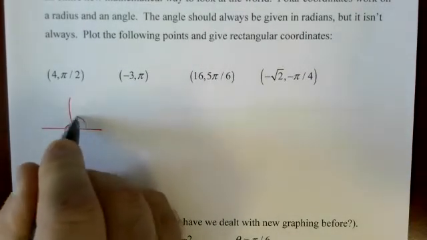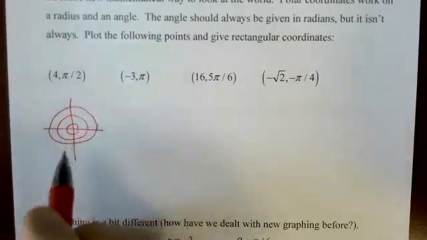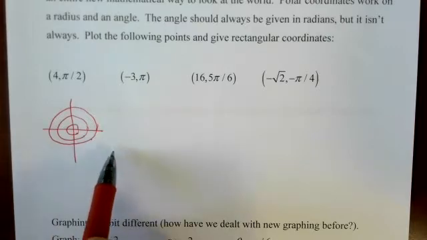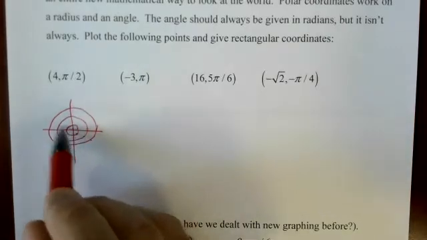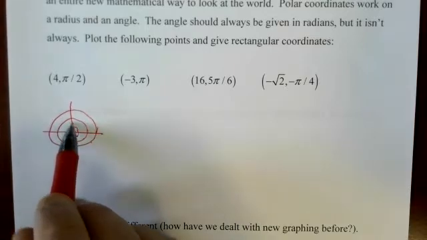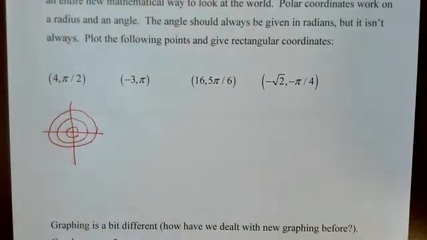It looks like this, where each circle goes from r equals 1, r equals 2, r equals 3, and then the angles are given off of there, starting with 0, pi over 2, pi, 3 pi over 2, and so on. Now, what makes it different is that I can have two different ways to describe a polar coordinate that are the same, so you have to be aware of that, all right?